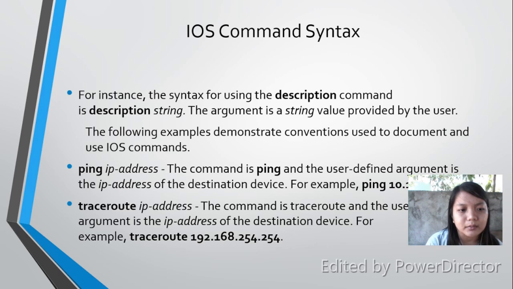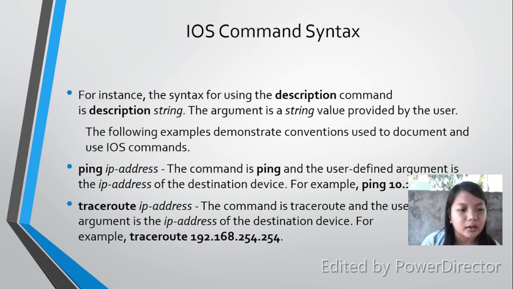The following example commands demonstrate conventions used to document and use IOS commands. Let's first do description. If you want to put a description, the command for that is description and the string value. The string value will be up to the user; it is provided by the user.